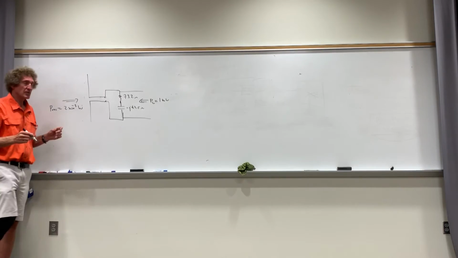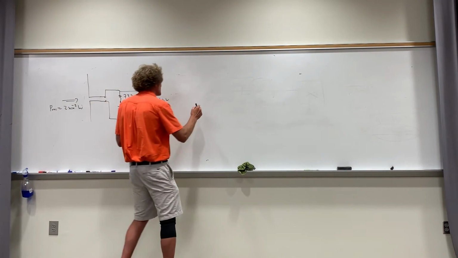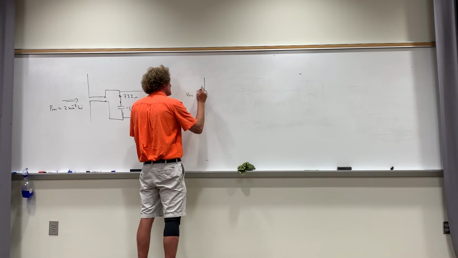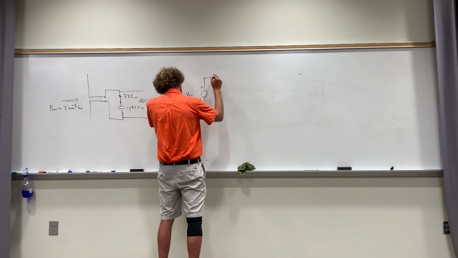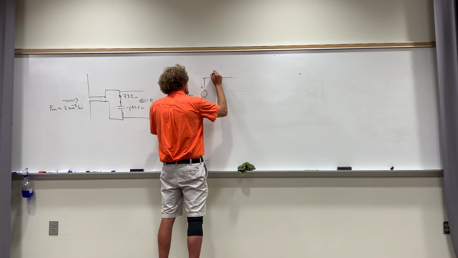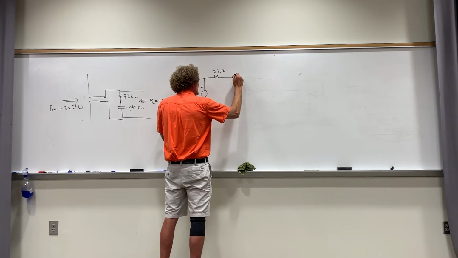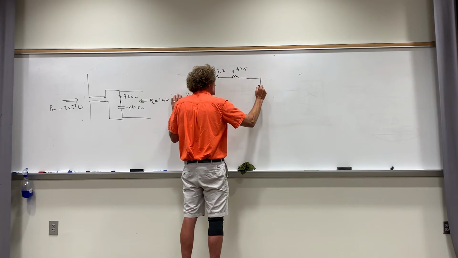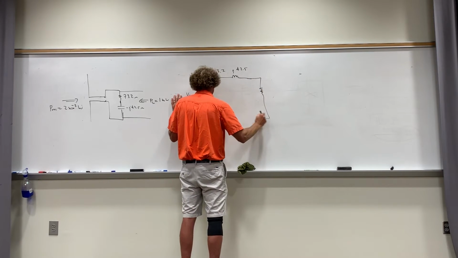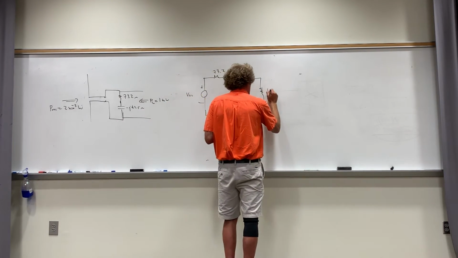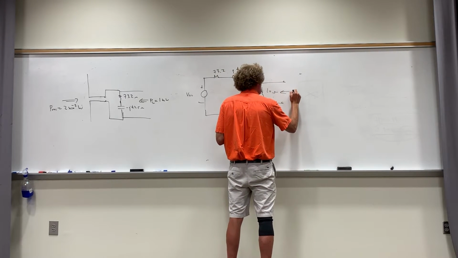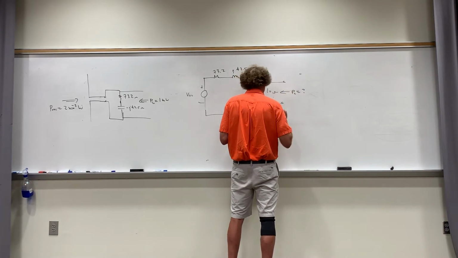Now, that means for V open circuit, when we draw this, and we say this is plus to minus V open circuit, and then we're going to have the 73.2 ohms, and then the j42.5 ohms, and then we're going to put the actual 10 ohms on here. And they want the power if the load is changed to 10 ohms.